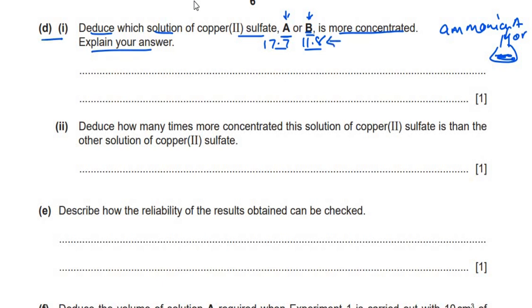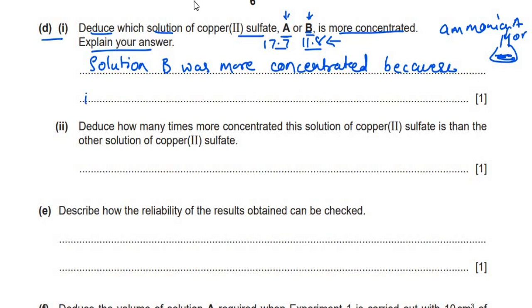B. So solution B was more concentrated, because it was required in a smaller volume to turn aqueous ammonia cloudy. So that was the reason we found out that solution B was more concentrated.